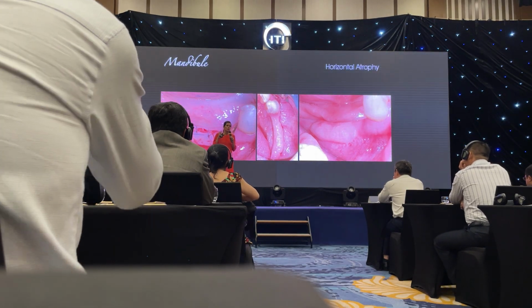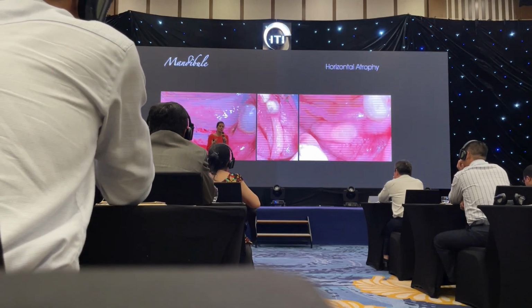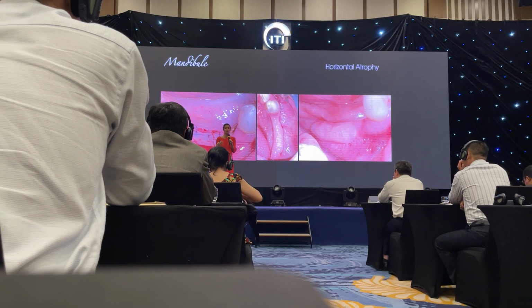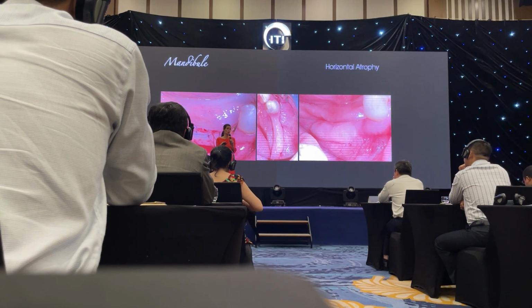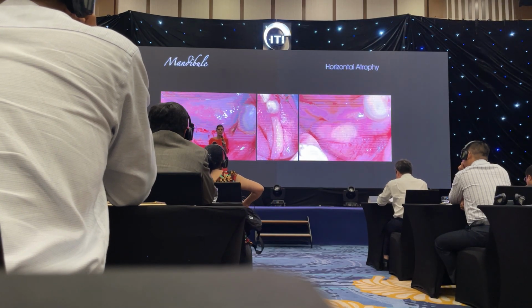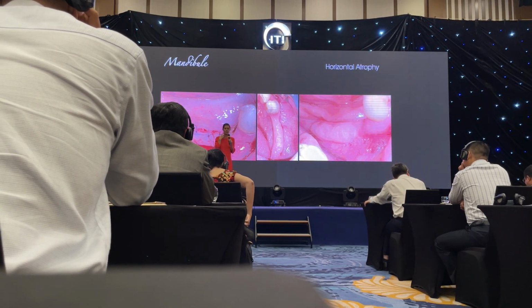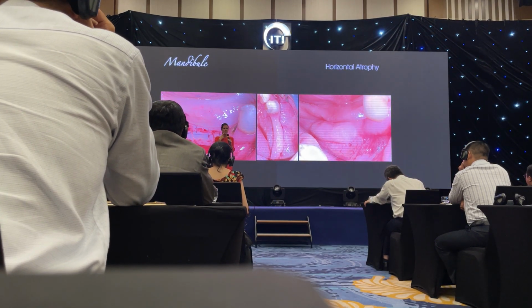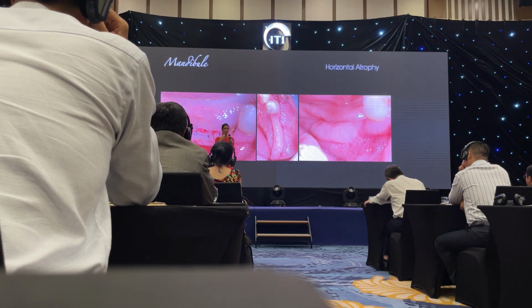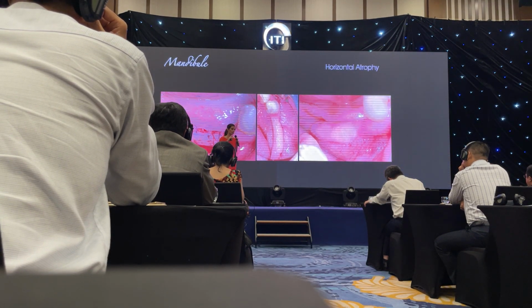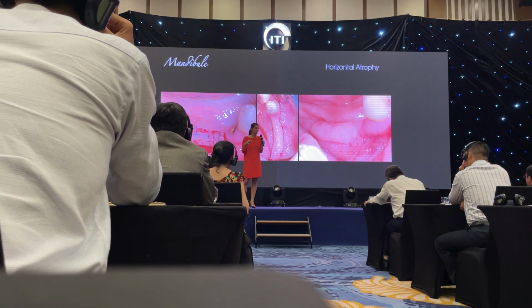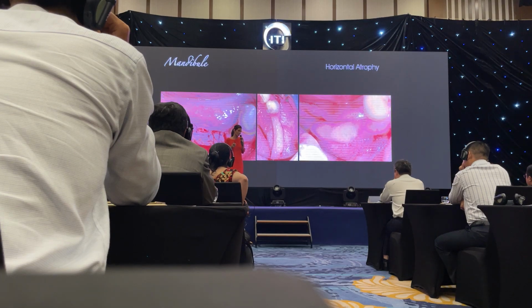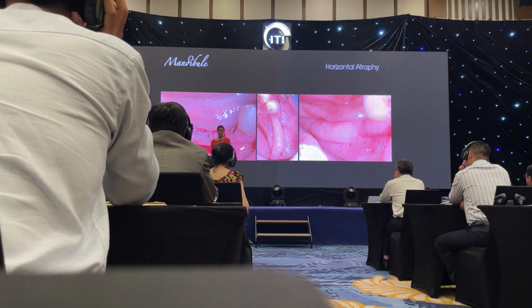So the additional difficulty from a technical point of view when you do this type of graft, like a free gingival graft or epithelial connective tissue graft in the posterior maxilla, is the periosteum. You need to be careful, because if you damage it, it's going to turn quickly into a disaster. We will have a video later, I will show you.